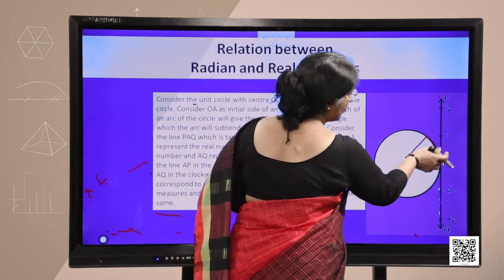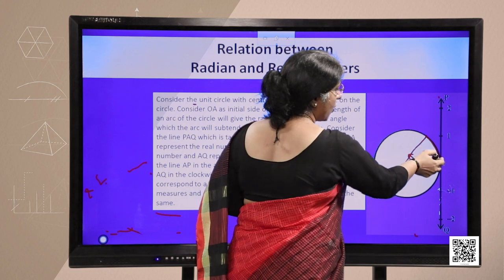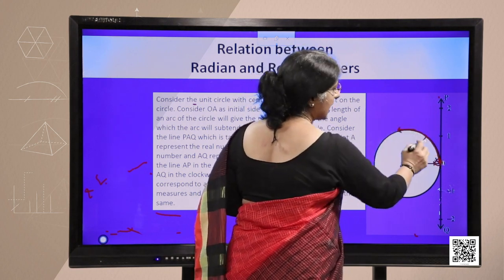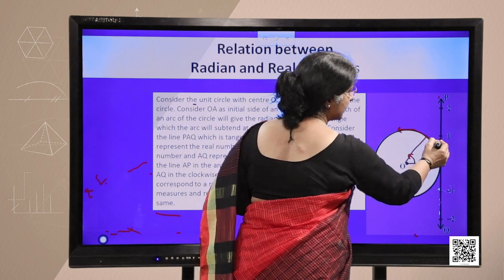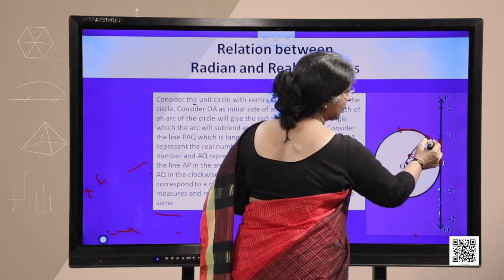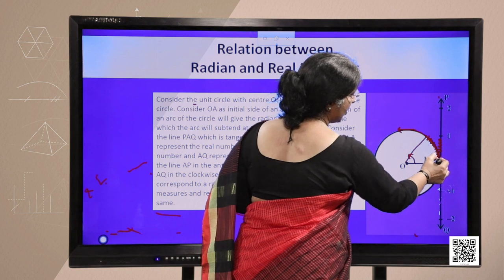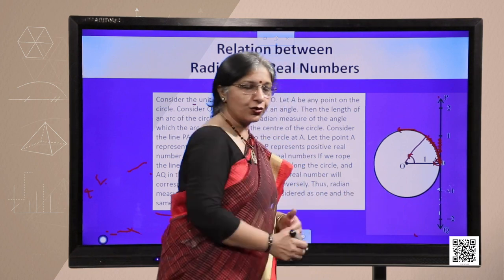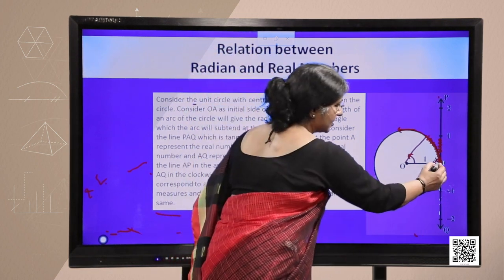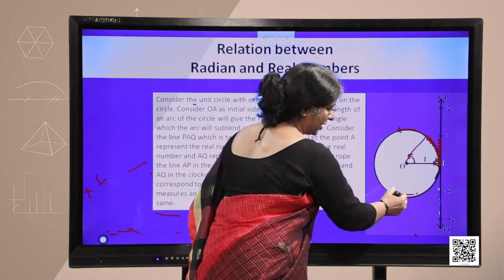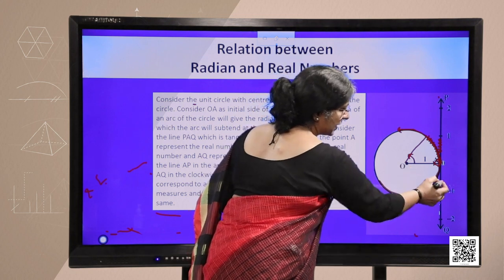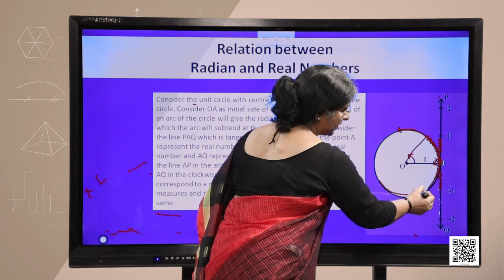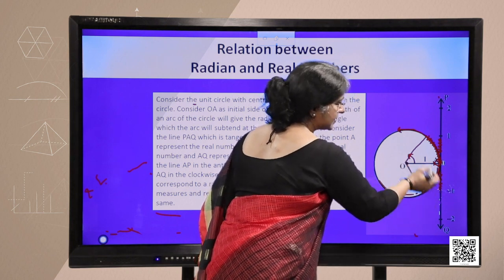If we rope in this OP on the circle in the anti-clockwise direction, then every point on this real number line will correspond to a radian measure on this circle. And if we rope in OQ in the clockwise direction on the circle along the boundary, then every real number will correspond to some radian measure on the circle.